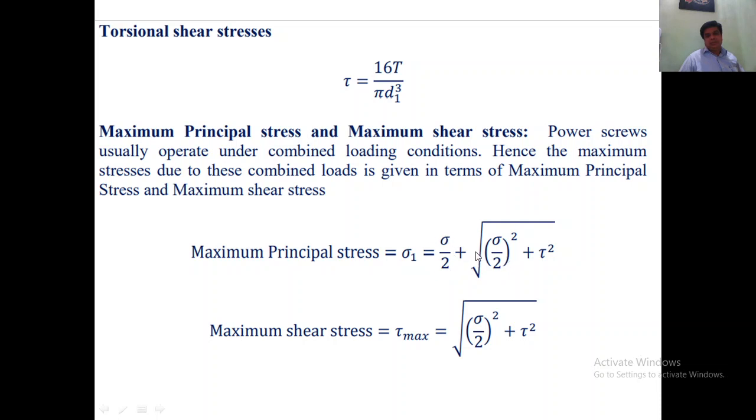The equation is reduced to sigma by 2 plus root of sigma by 2 square plus tau square. Tau is the shear stress. So this is the maximum principal stress sigma 1, and tau max is nothing but the root part of the equation. So this is the maximum shear stress which is acting on the screw rod. All these are the equations from the mechanics of materials course.